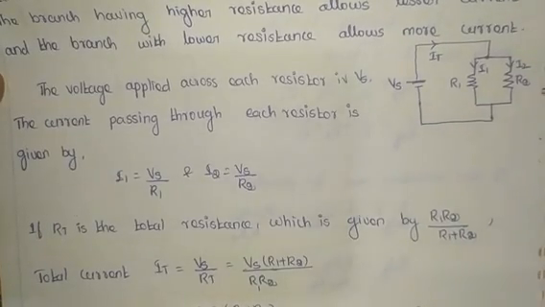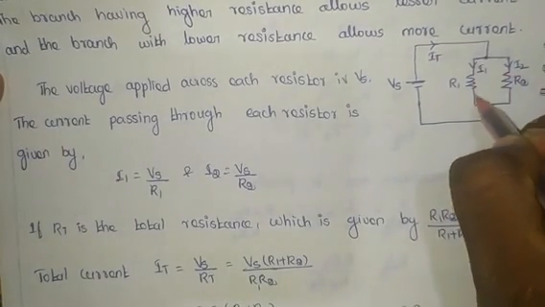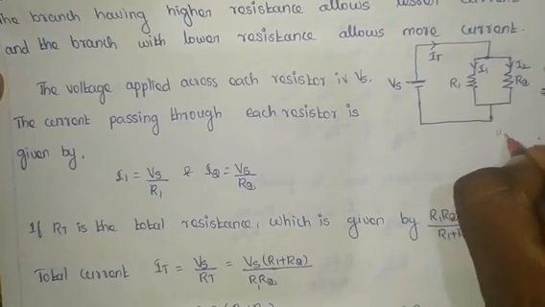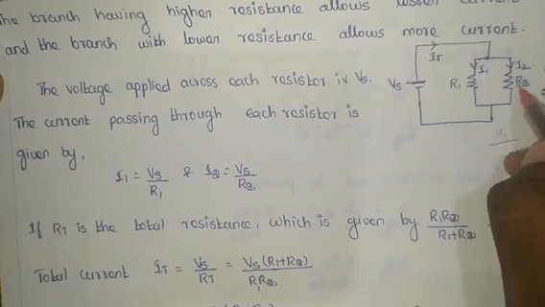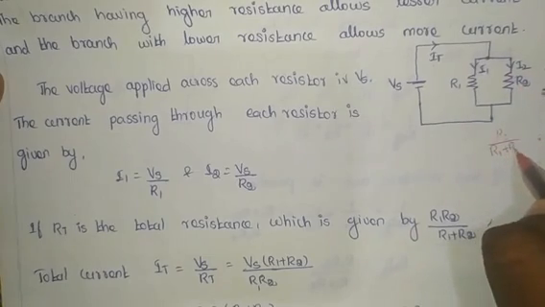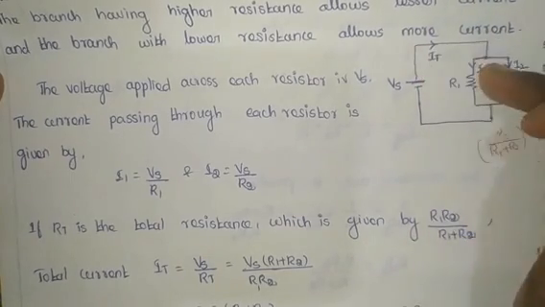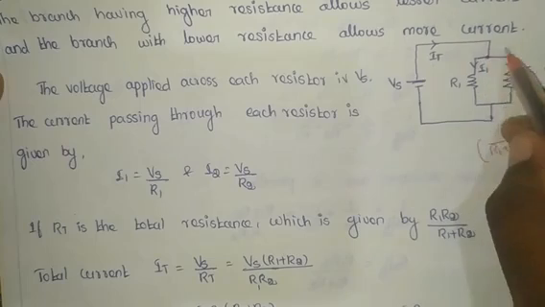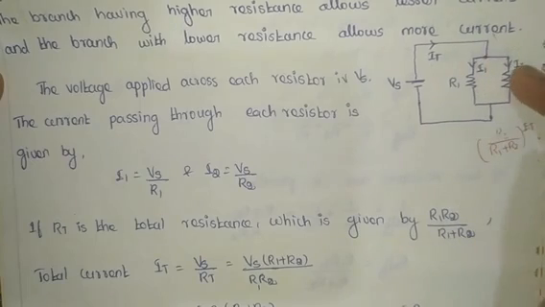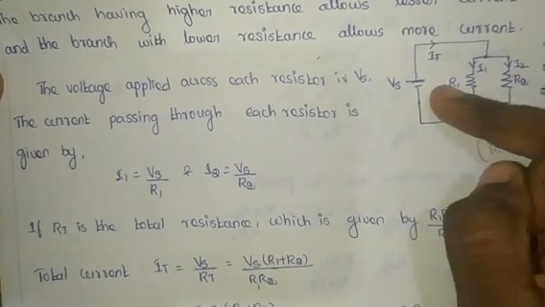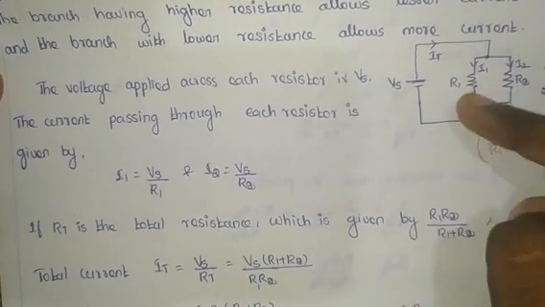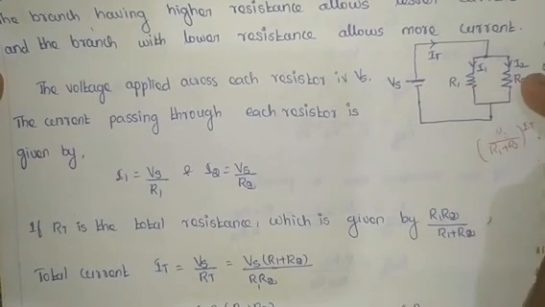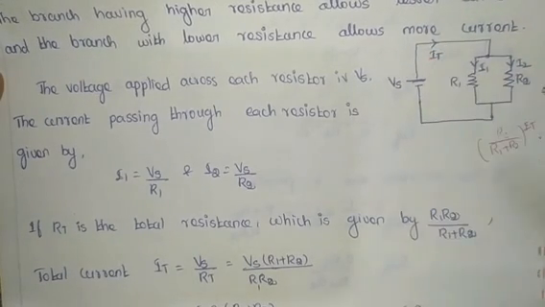If you want to find the current through the resistor R1, you have to write the other resistor R2 divided by the total resistance R1 plus R2, into the whole current entering the network, IT. If you want to find the current through the resistor R2, you have to write the other resistor R1 divided by the total resistance R1 plus R2, into the total current IT.